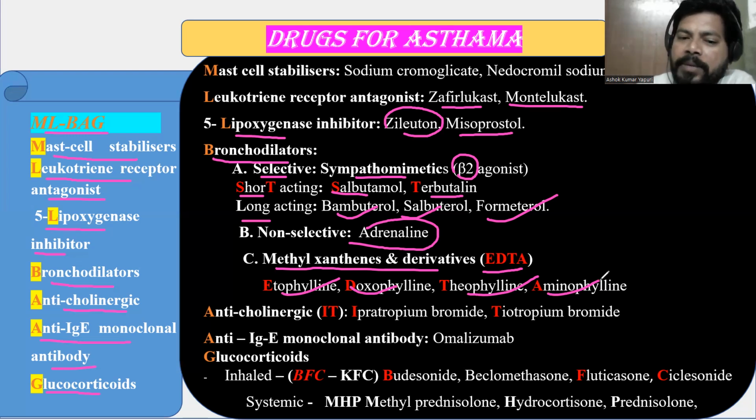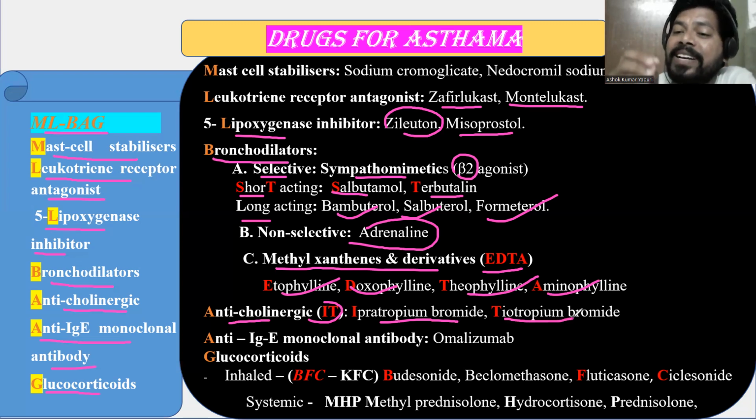And next is the anticholinergic drugs. The trick is IT. I means ipratropium bromide and T means tiotropium bromide. Both these drugs are semi-synthetic derivatives of atropine, which is from the natural Atropa belladonna, belonging to the family Solanaceae. And what is the need of anticholinergic drugs?